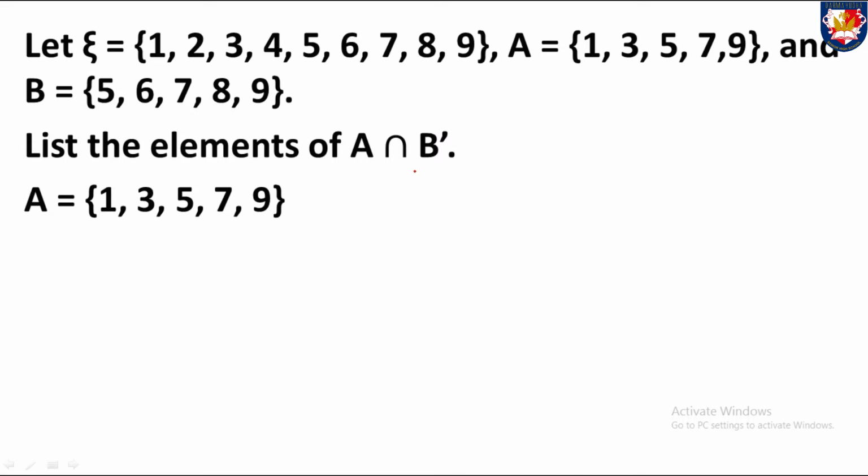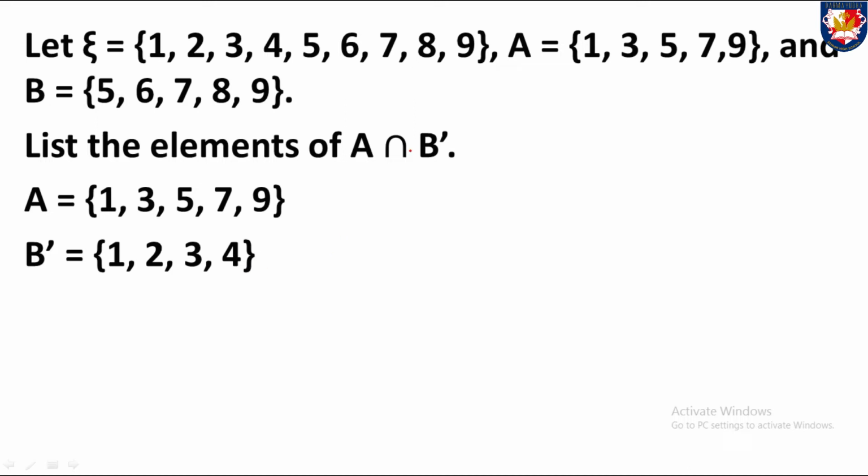As I told you in the previous video, B complement contains the elements that belong to the universal set but do not belong to B. So the elements in the universal set that do not belong to B are 1, 2, 3, and 4. So the elements of B complement are 1, 2, 3, and 4.